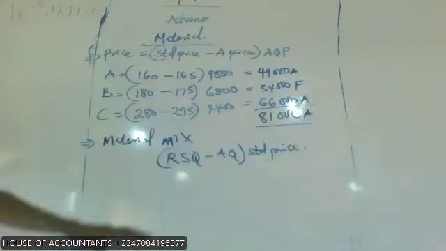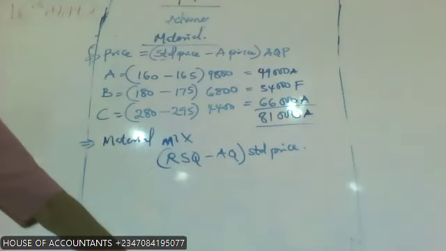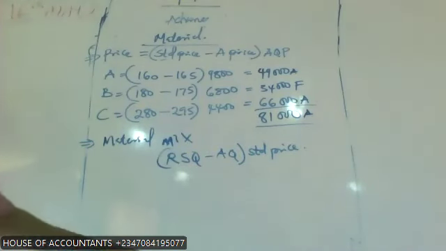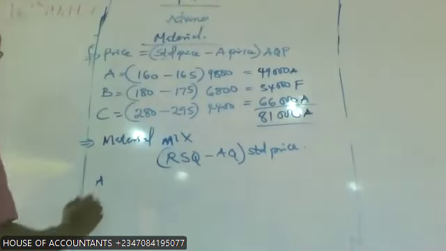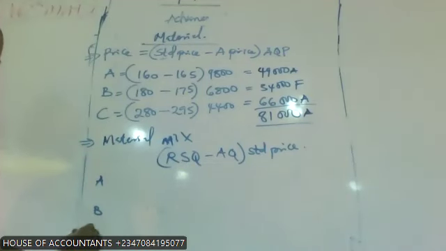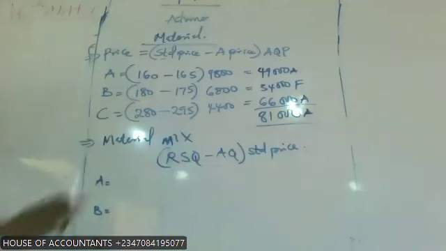To get the revised standard quantity is the only problem you can face here, but it's simple. What it simply means is that you will have A, B, and C. What are the kg per material from the given questions?